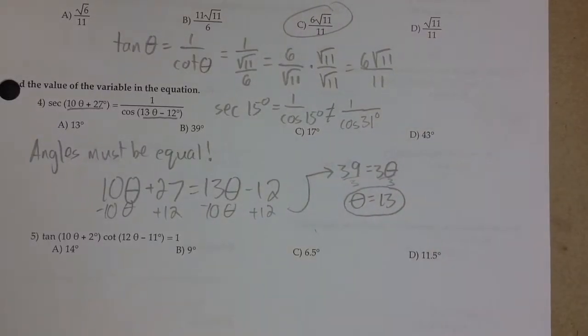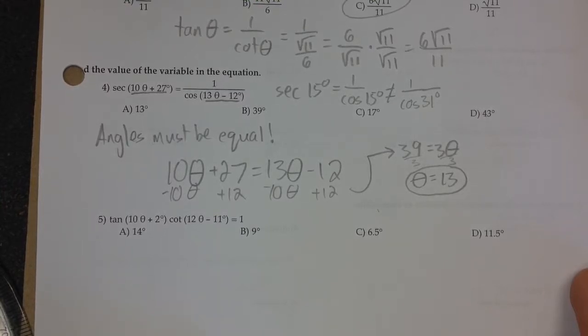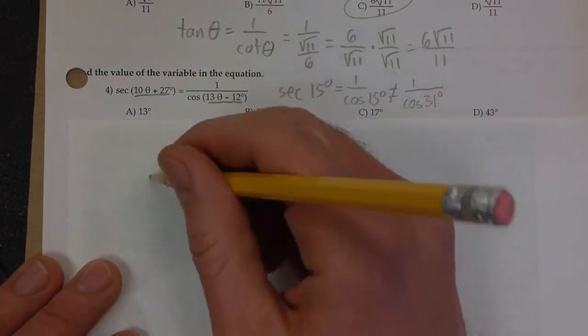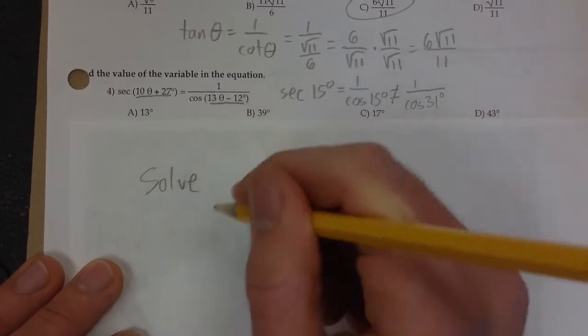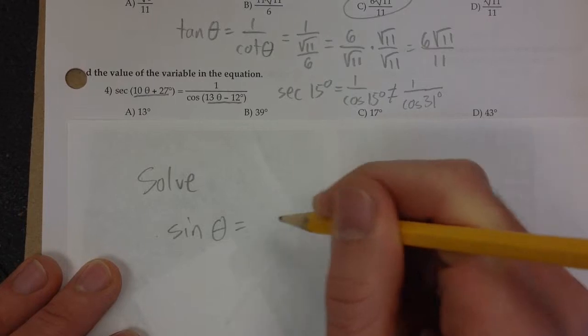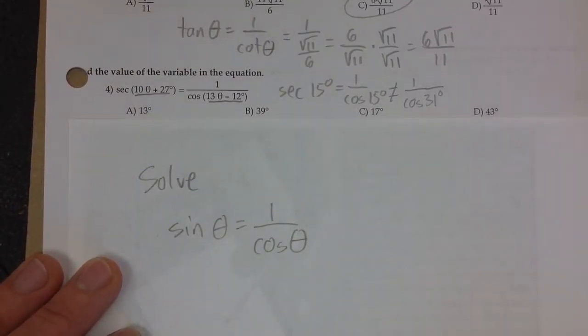Okay? Yes, question? If it had been like sine instead of cosine, let's say, you wouldn't be able to solve that, right? Not easily. No. So, for example, if I said solve sine of theta equals 1 over cosine theta, that would be a much more difficult problem to solve.